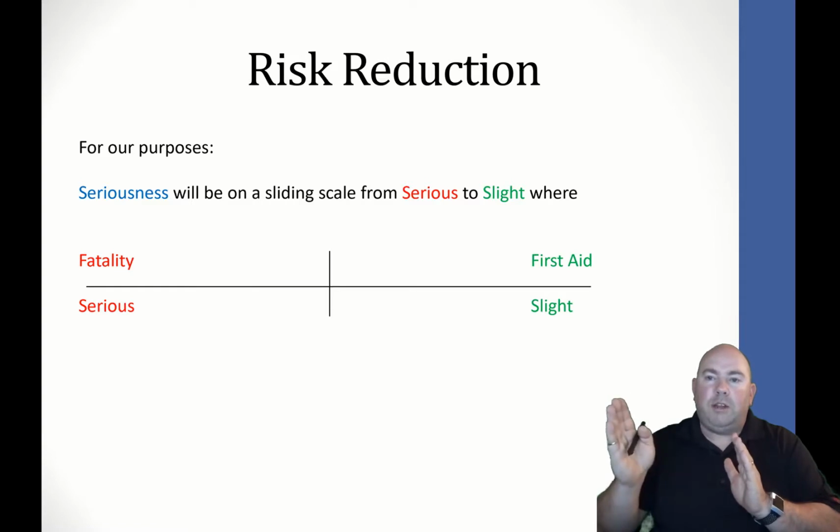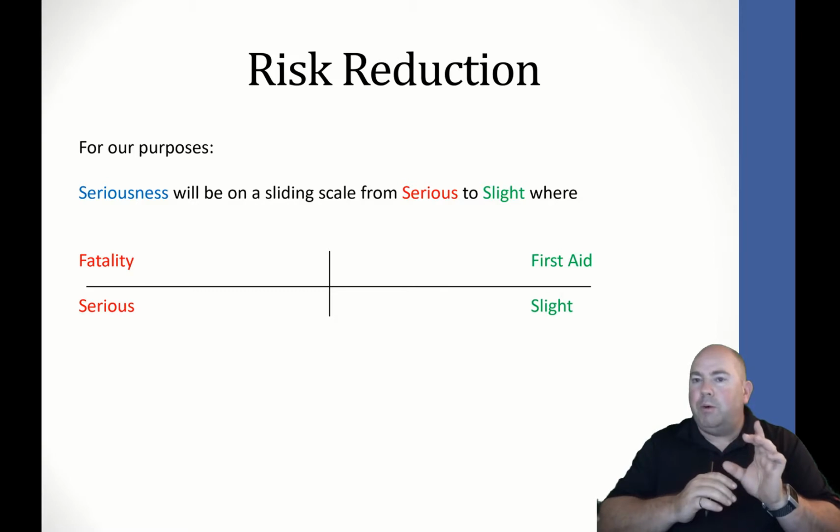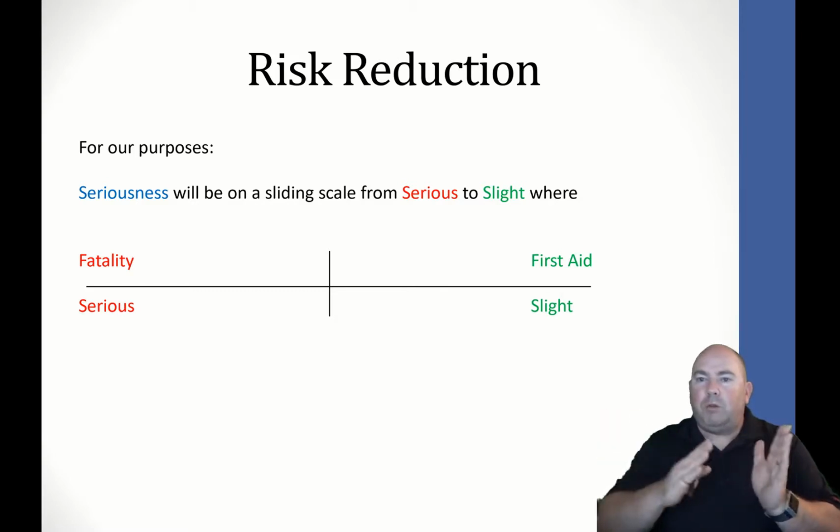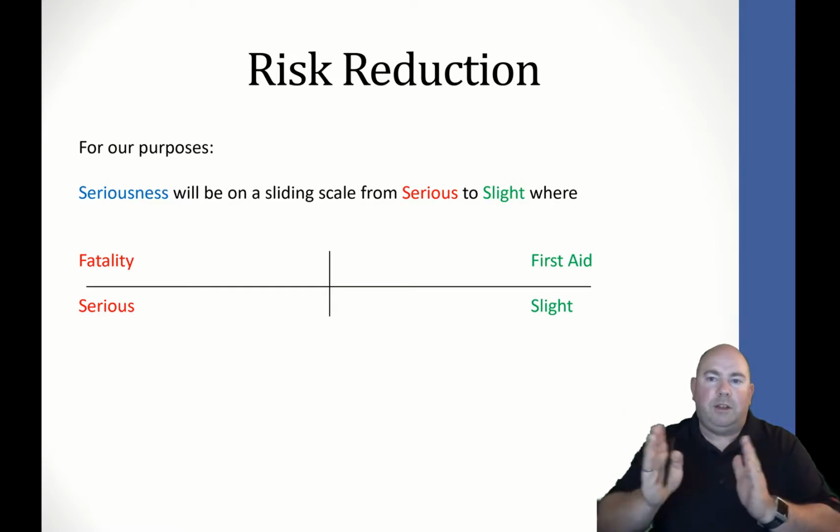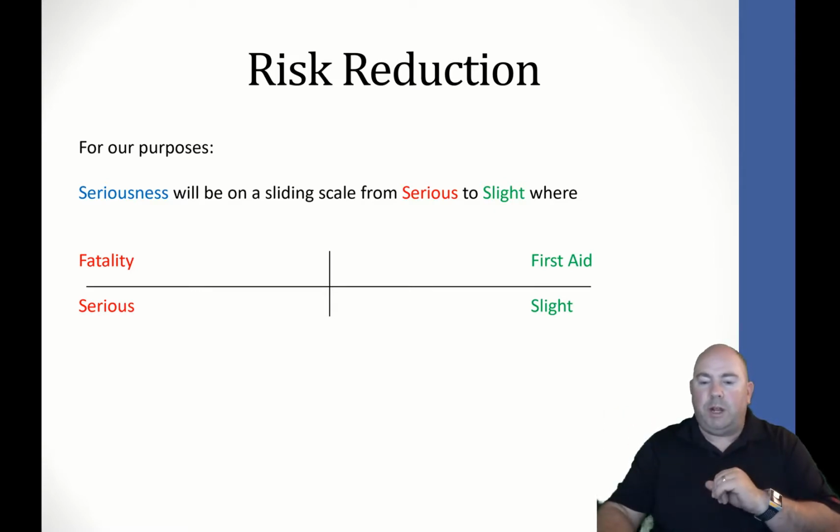And then a slight injury, we'll talk first aid, like you cut your finger, you need to put a band-aid on it. That would be slight. So if you're talking about anything like a broken bone, you need to pick which way am I going on that. Am I calling that serious or am I calling that slight? Okay, you'll need to make that determination. For our purposes, like when we're asking questions and doing testing, as long as you can justify your answer, we will call that correct.